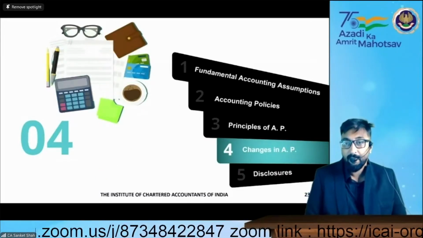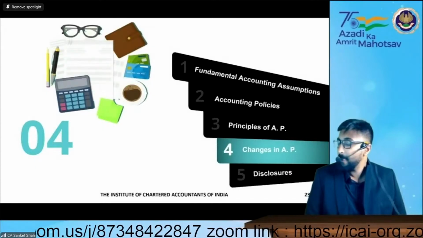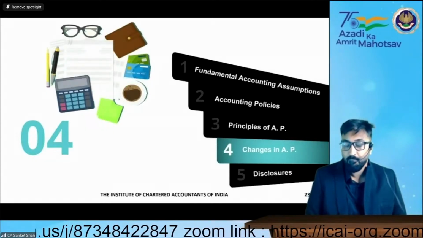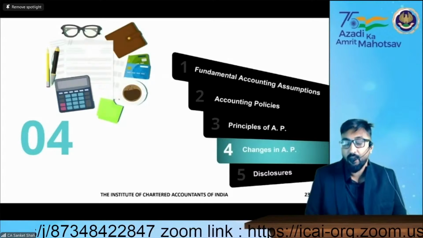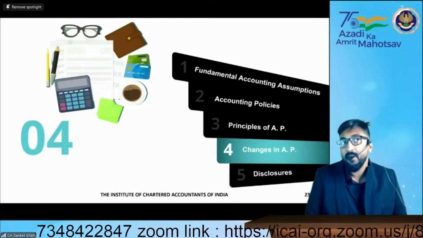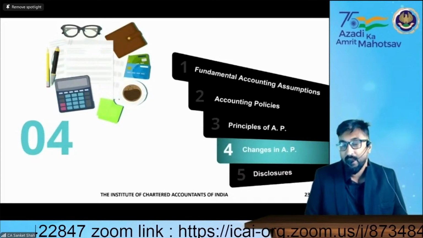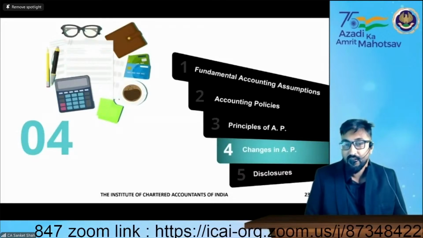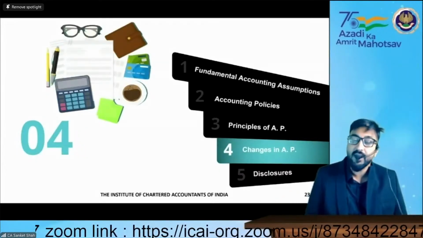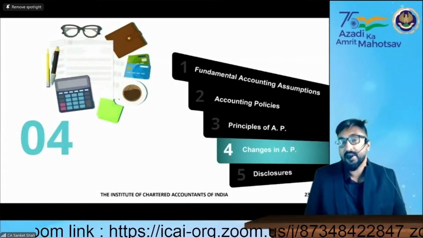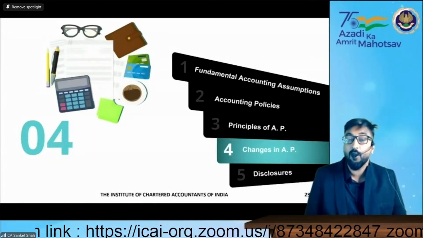Is it possible to have a hybrid system of accounting then? No. Accrual concept is mandatory. Hybrid, normally we apply it in non-profit organizations because normally they follow the cash concept. So they follow a hybrid system, but it is again against Accounting Standard 1. You have to compulsorily follow the accrual system.